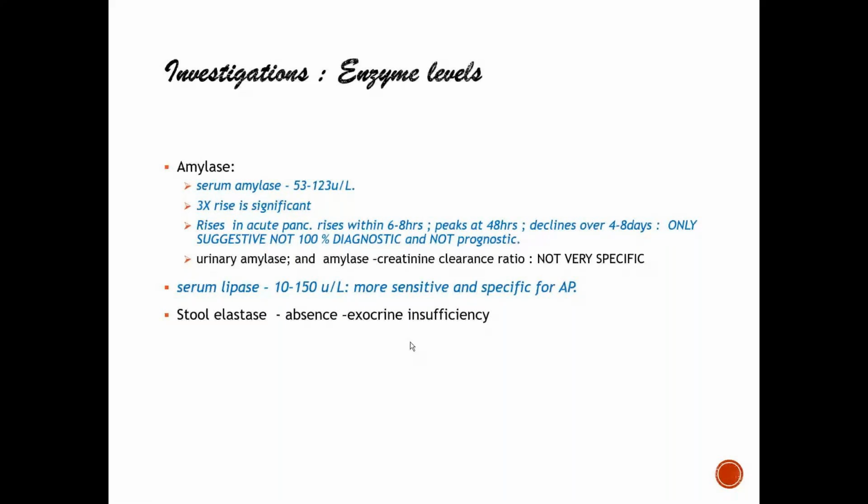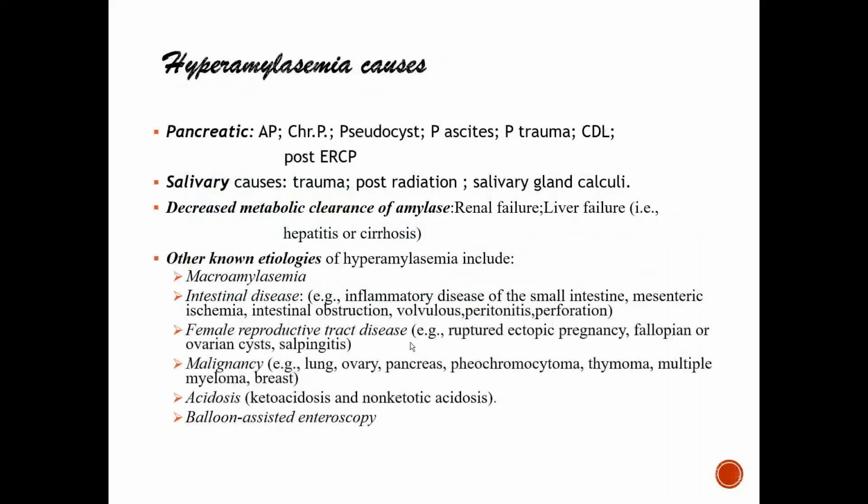Now, why did I say that amylase is not a very good parameter? It is perhaps one of the lesser important parameters, because see the whole range of conditions where you'll find a raised amylase level, starting from two important organs, pancreas and salivary glands, right? The third cause could be a decreased metabolic clearance of amylase, which is cleared out at the level of the liver and the kidney.